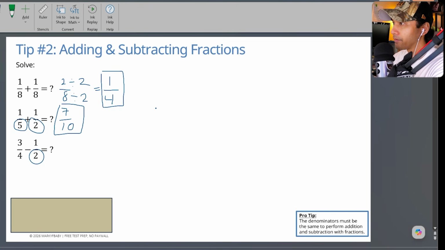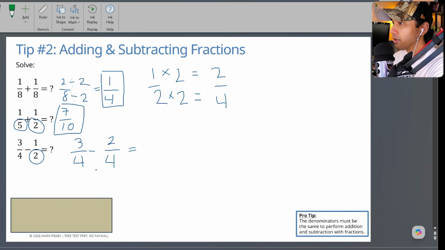And for this one, we can go 1/2, and then we can multiply this by 2, and then we multiply the top by 2, and then we get 2/4, right?